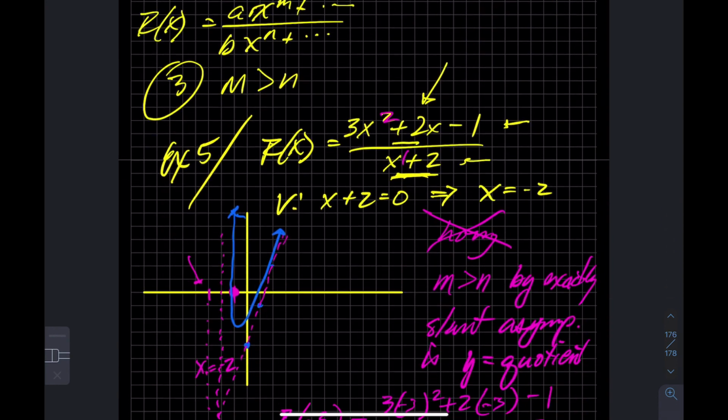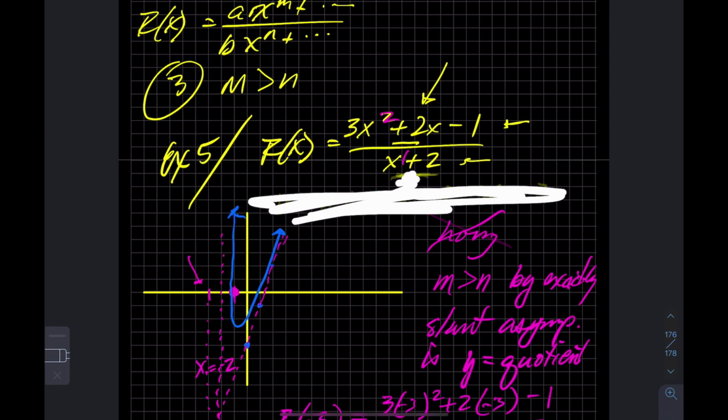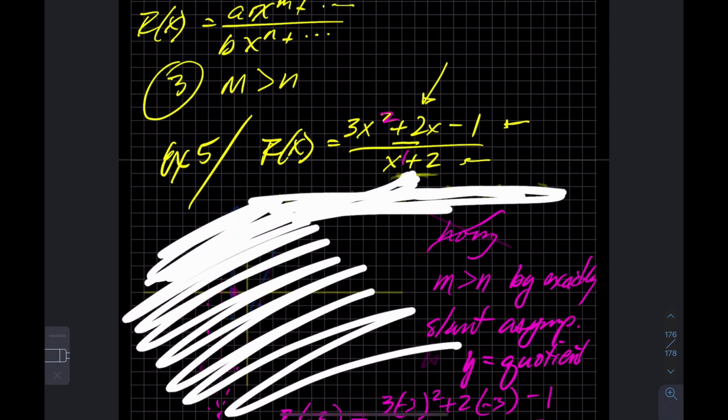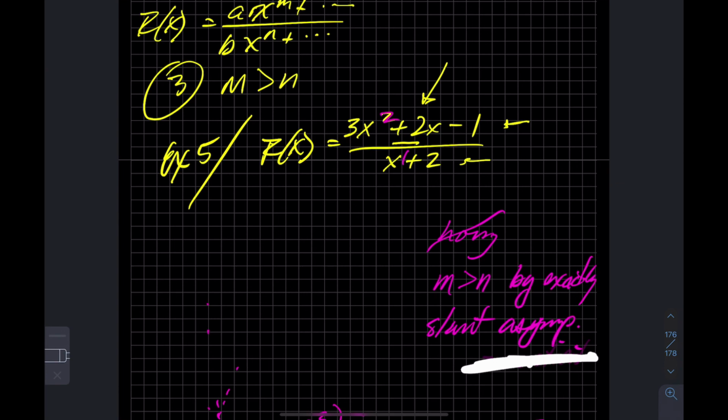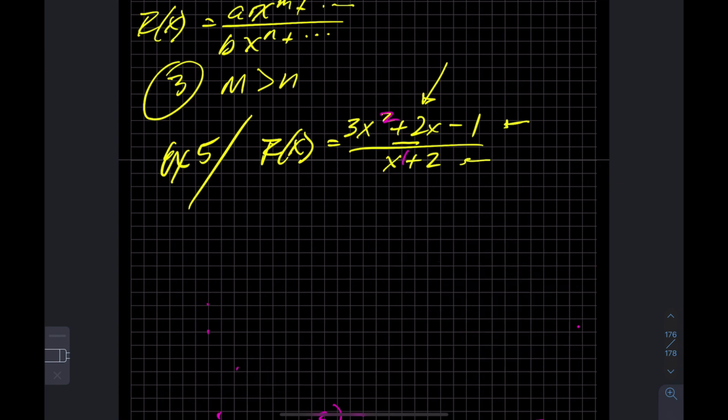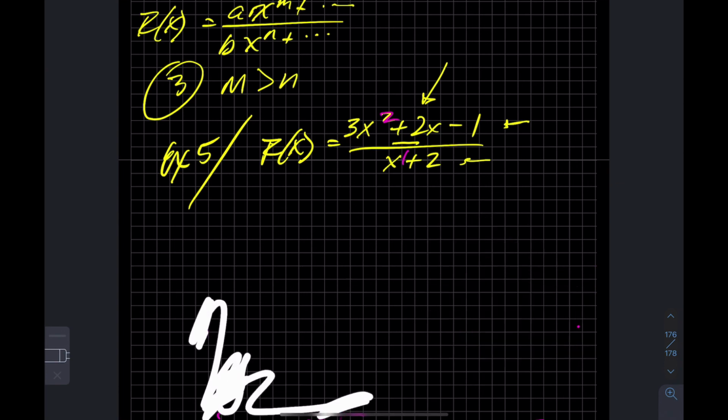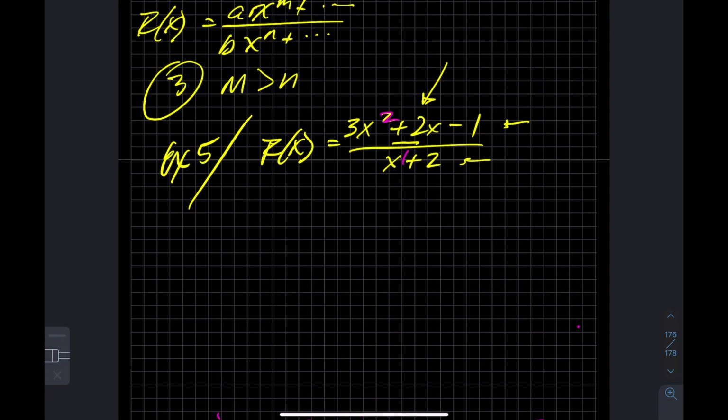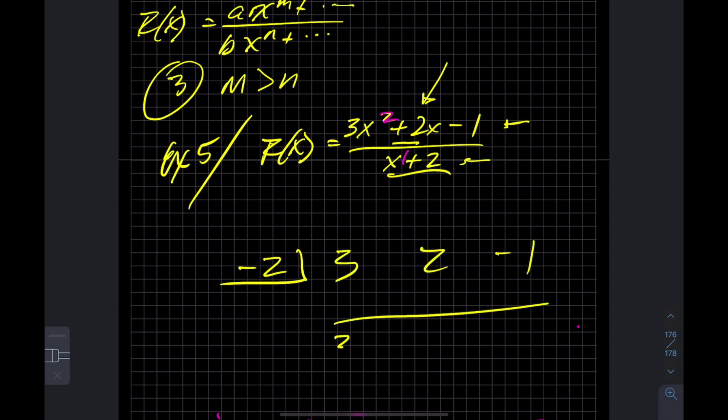Now what about when m is greater than n? That's this situation. Luckily, we can use synthetic division here because I have a binomial, right? And here's the result of division. It should be 3x minus 4 if I remember correctly. So let's use synthetic division. The root for that polynomial is negative 2. So I have my coefficients of 3, 2, and negative 1. So bring the 3 down. Negative 2 times 3 is negative 6. Plus 2, that's negative 4.